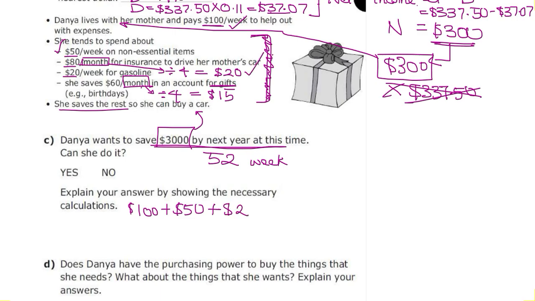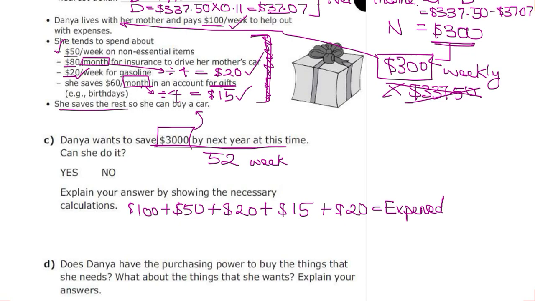So we add $20 per week. And this next one here is $60, not $60 but $15. Plus finally we have $20 per week for gasoline. So all these here are her expenses that she's going to spend when she gets paid $300 in 1 week. So don't forget, this is a weekly pay that goes into her bank account.